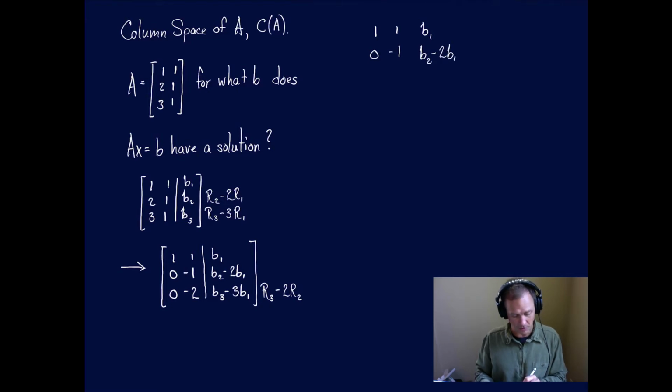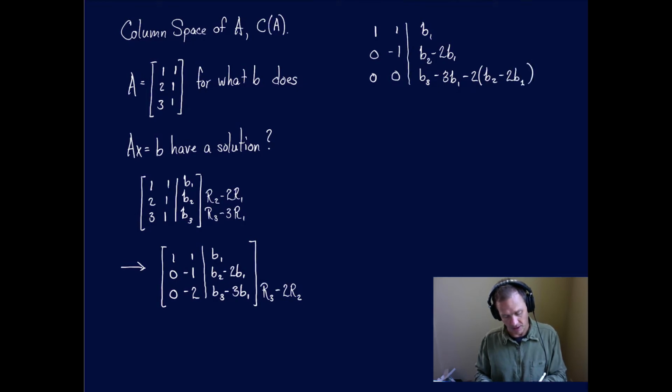Now the last row, well, this is going to become a 0. A minus 2 plus 2, that's 0. And then I'm going to get row 3, which is B3 minus 3B1 minus 2 times B2 minus 2B1s. Okay, that's my augmented matrix.